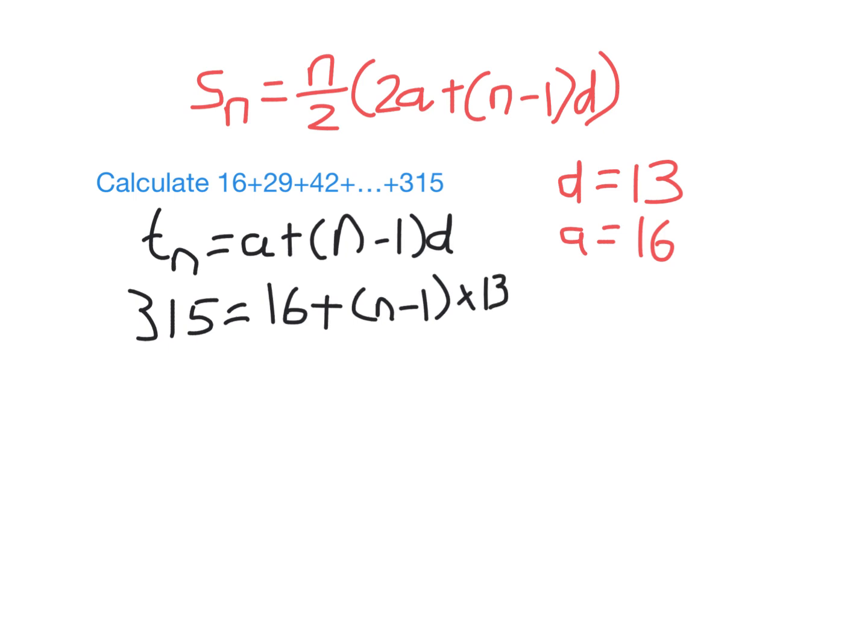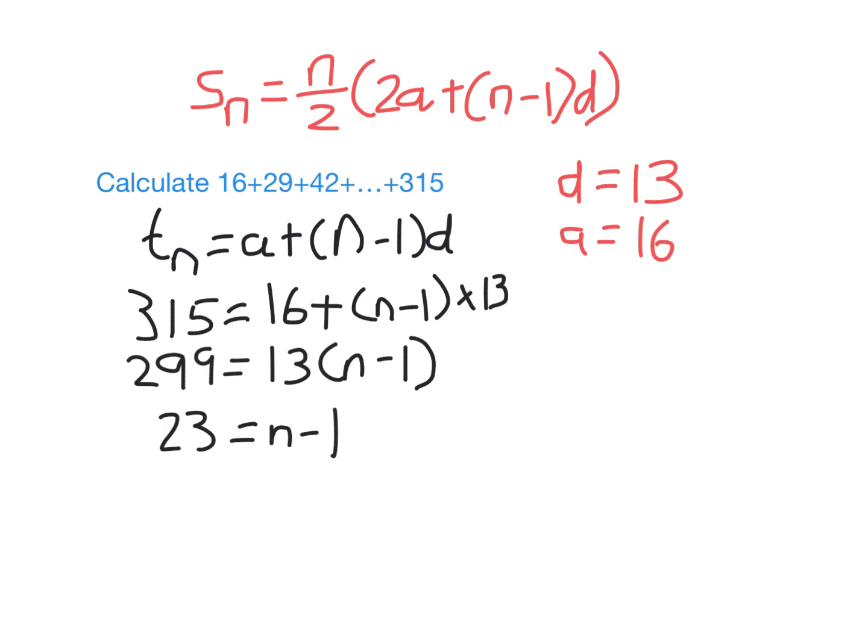So I simply subtract 16 from both sides, I get 299 equals 13(n minus 1). Now I have to divide each side by 13. I get 23 equals n minus 1, add 1 to each side, n is equal to 24. So what that means is I'm actually adding up 24 terms of this series.